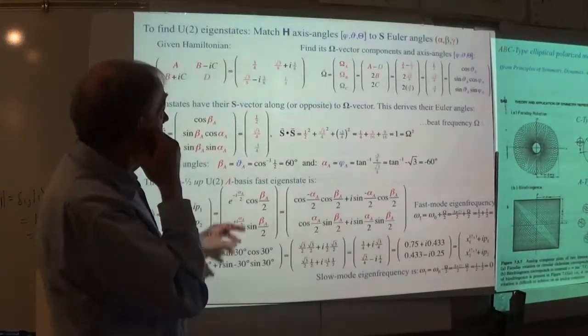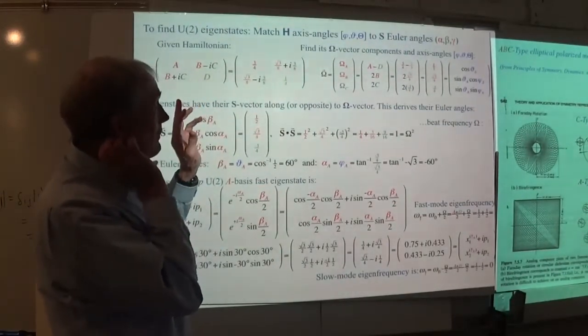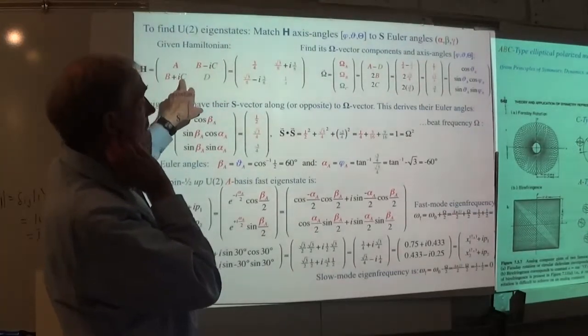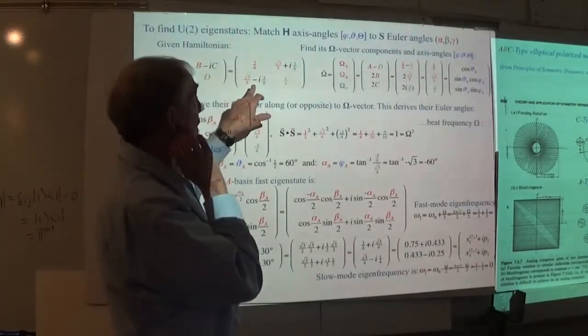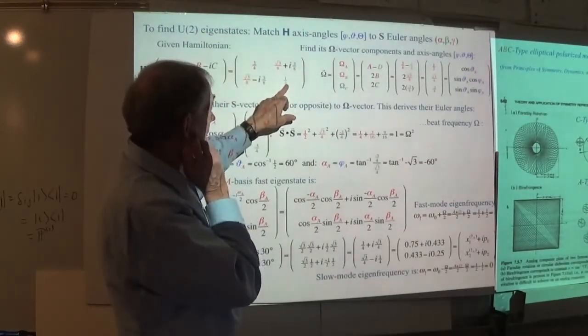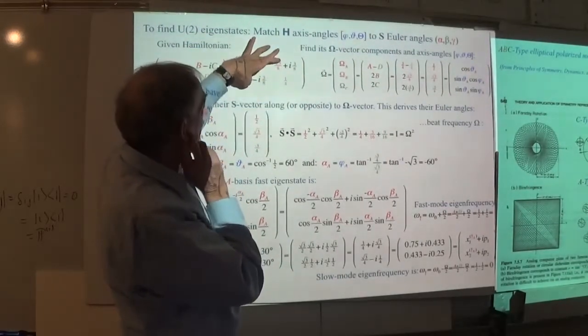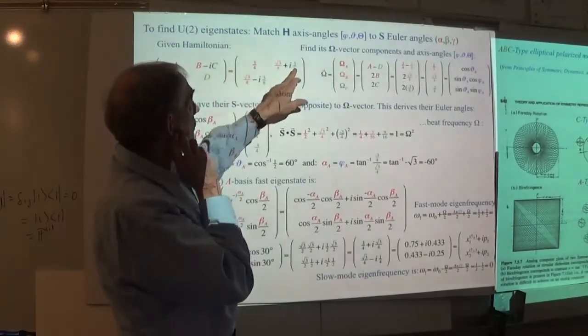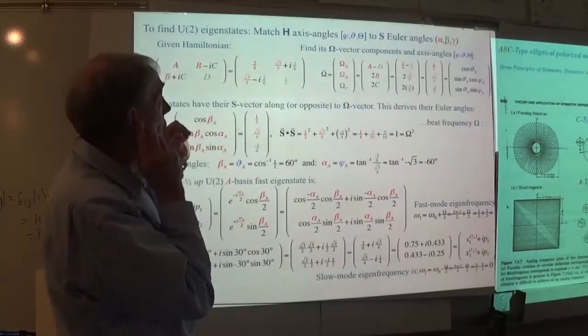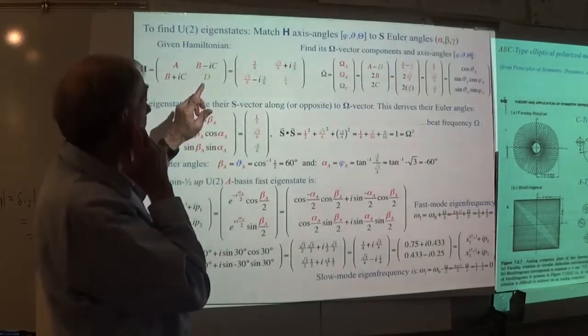But what I'm doing here, of course, is the same thing that we've done ever since we took a Hermitian Hamiltonian of the general form A, B, C, D, with this being A, this being D, this being B, those two numbers are equal, this being C, those two numbers being minus of each other, okay?